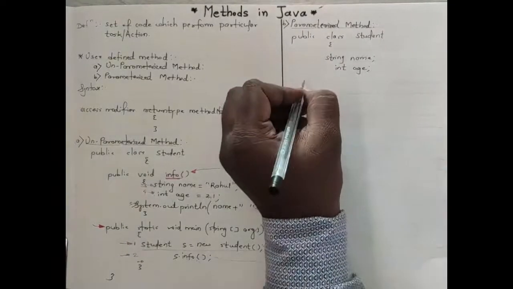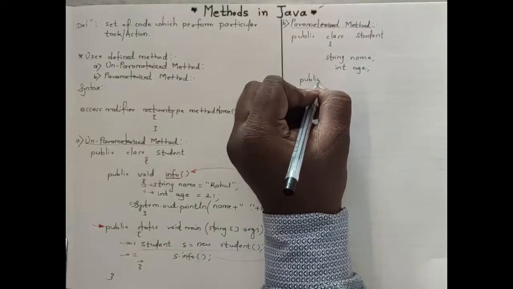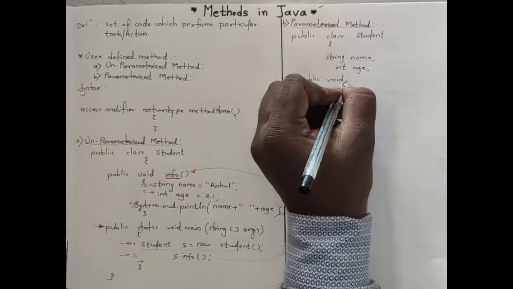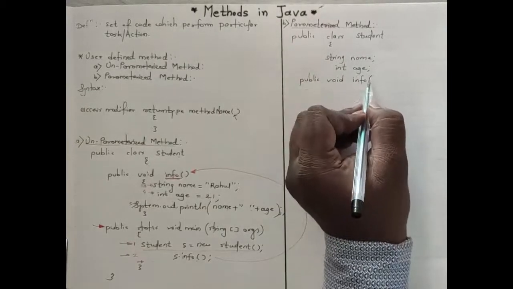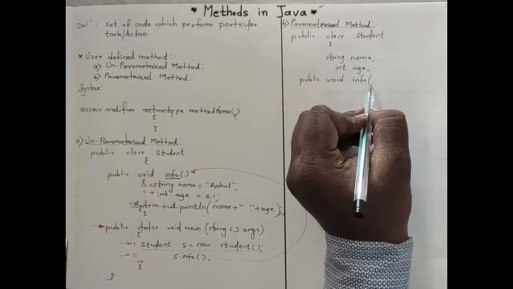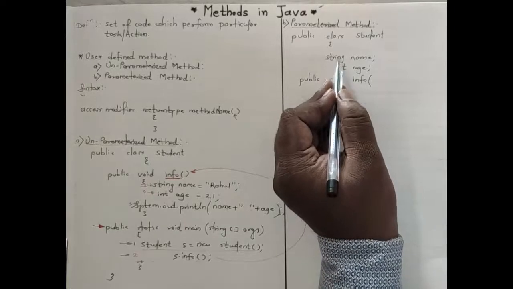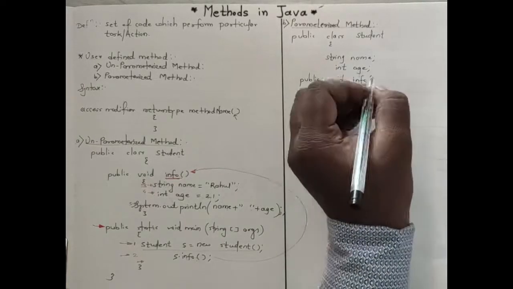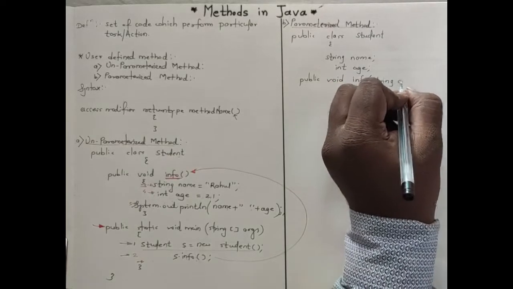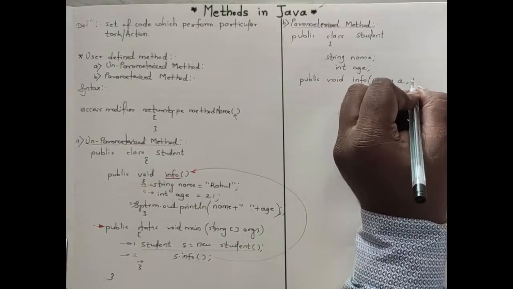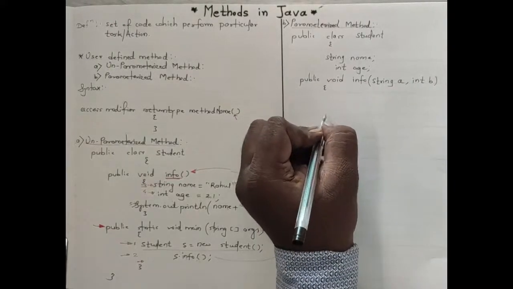Okay, so here I am designing a method public void info, that is the method name given there, and then an open parenthesis. Then inside that I need to provide the data type with the variable name: string a, comma, int b, and then the method body.